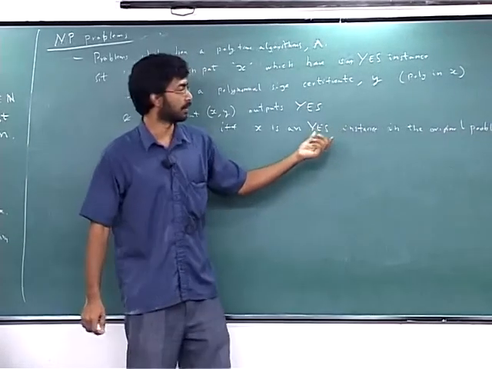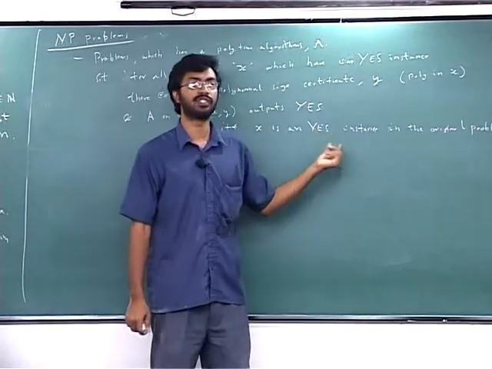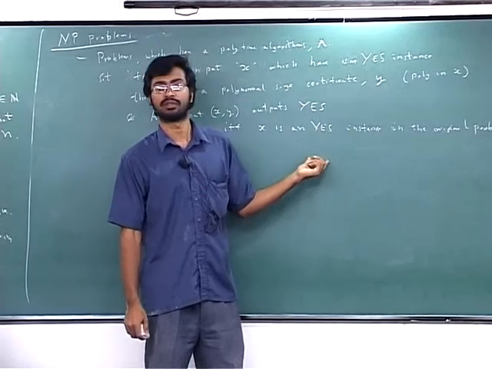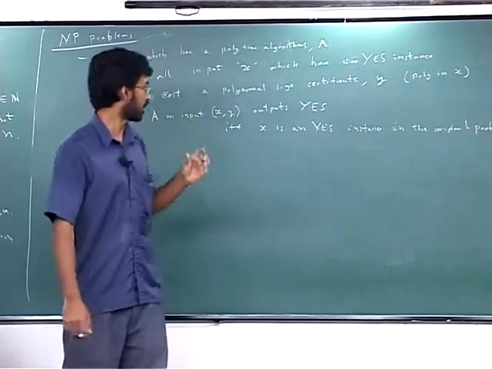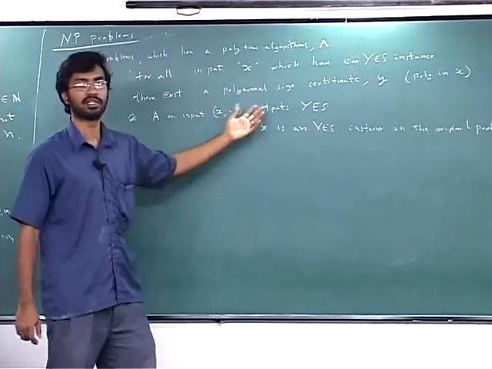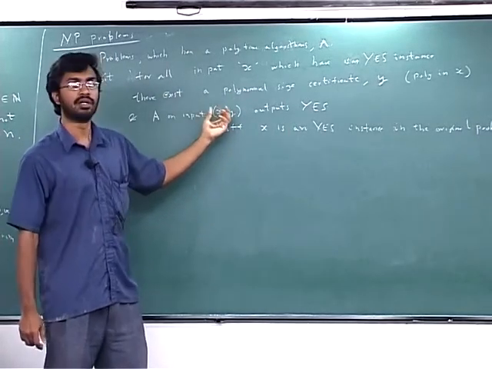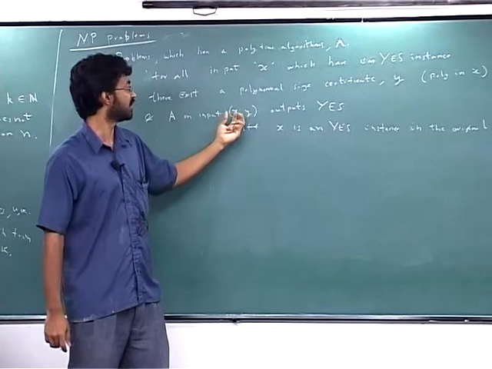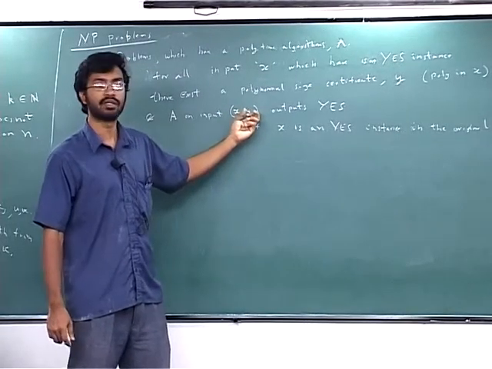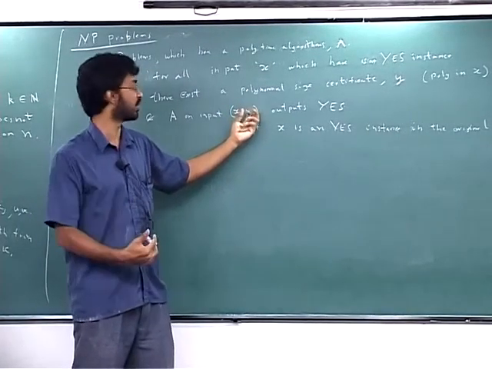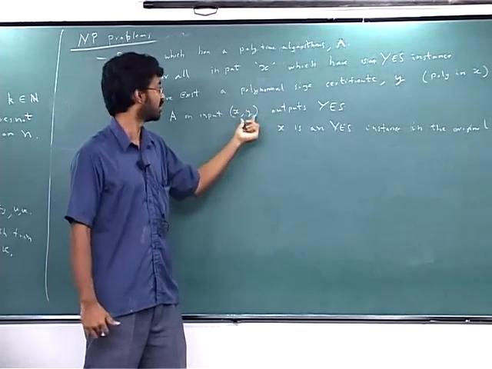All those inputs which give a yes output. What I mean to say is that this algorithm A should not always output yes. It should output yes only for those inputs x which have a certificate y, which, if you are given the certificate y, will output yes.